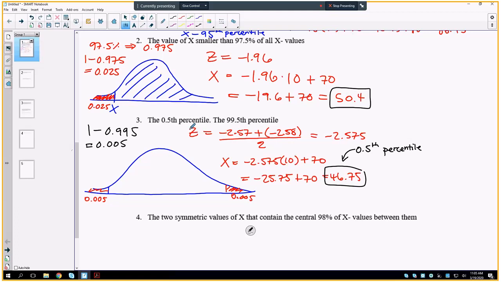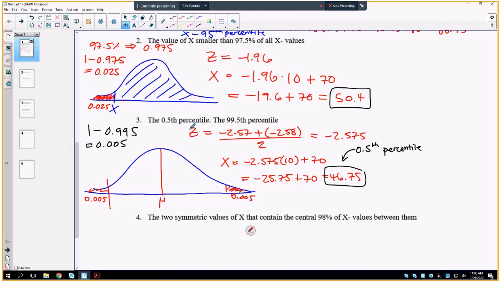So what do I do using the symmetry of the table? I'm just going to change my negative 2.575 to positive. And if we think about this idea of how many standard deviations away from the mean, if I'm here, I'm negative 2.575.